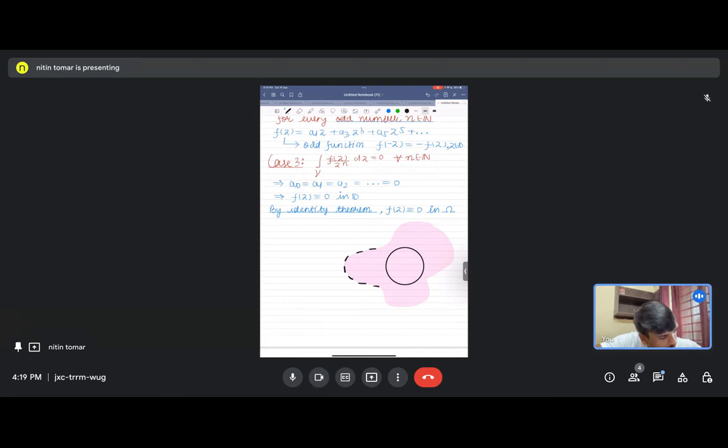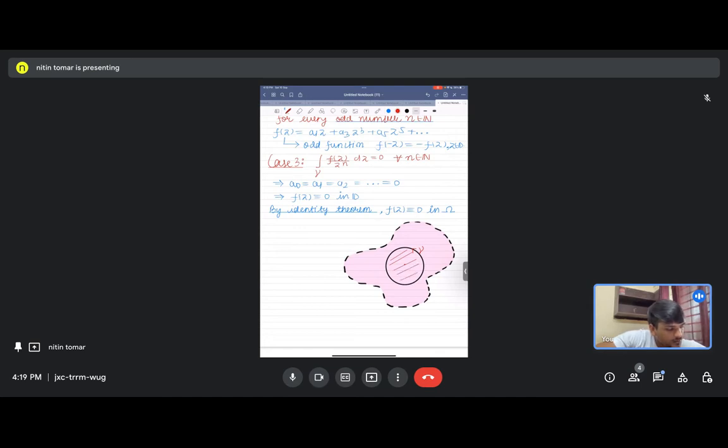We know what the identity theorem says, right? If a function is holomorphic in a domain omega and the zero set of f has a limit point in omega, then the function is going to be zero in omega. I hope all of you must have read this by now. So this was our gamma and this was center zero. What we have proved is that inside this open unit disk D, f is zero.